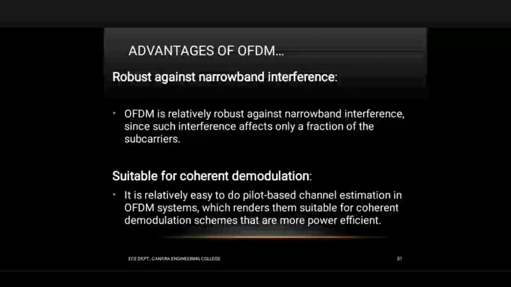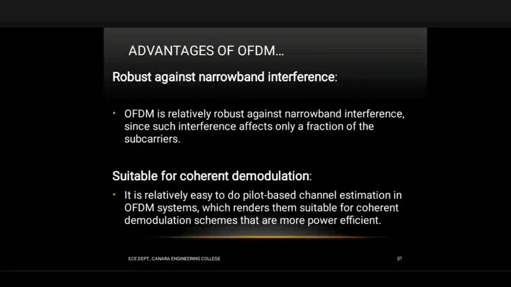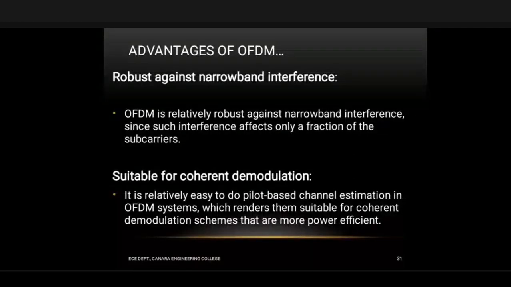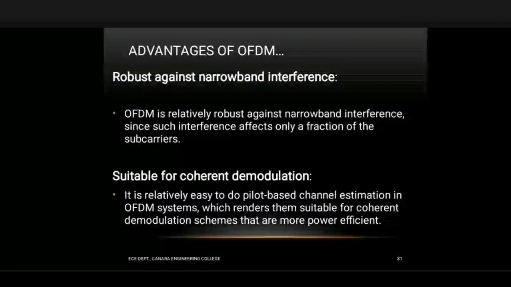If frequency selective fading is happening, maybe a particular band is getting affected, like the 1022 band. Only that particular band will suffer. The remaining will be intact. So that is the advantage with OFDM.